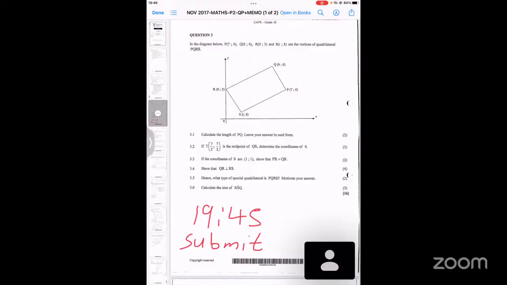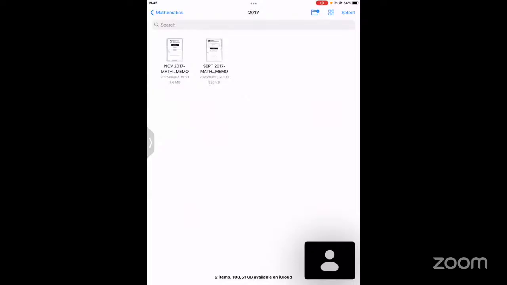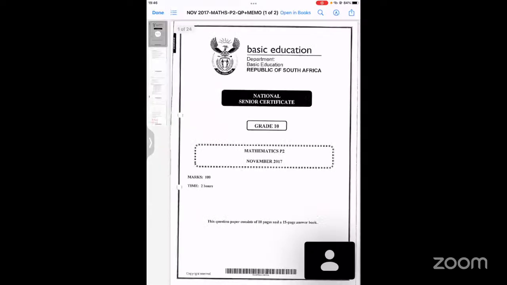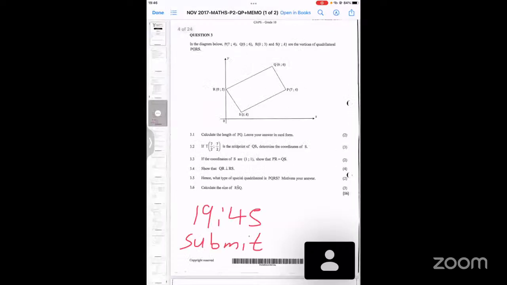Okay, on this one, they did not say find the equation of whatever. Let me check a different one. Okay, no, then it's fine. Guys, can you determine the equation of line RQ?